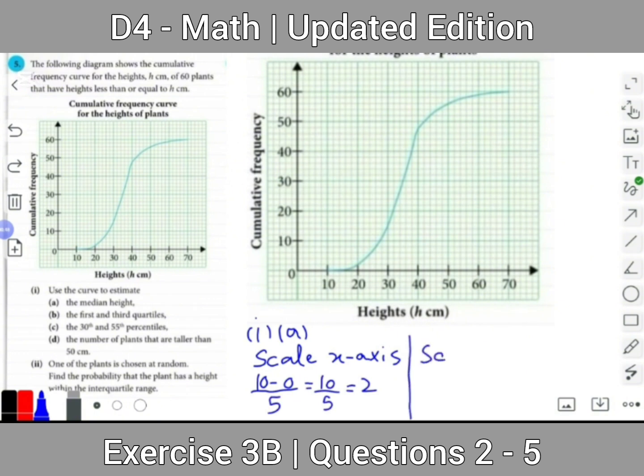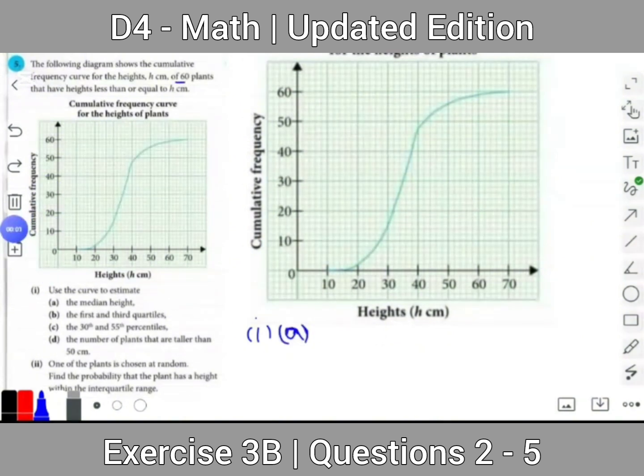Now for the scale along the y-axis, we have points 10 minus 0 divided by 5, the total number of squares between the 2 points, which is 10 over 5, equal to 2. So each square unit along the y-axis is also equal to 2.